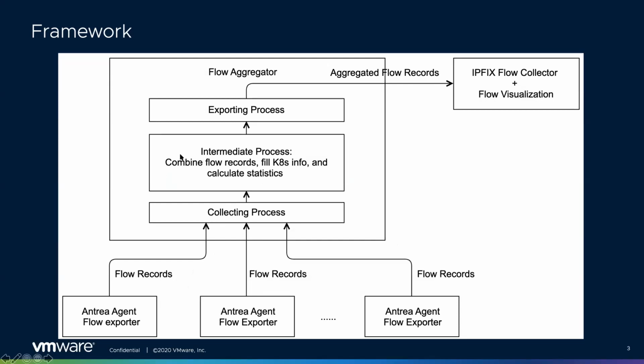Then the intermediate process will combine these flow records, fill out some missing Kubernetes info, and also add some statistic calculations into the aggregate flow records. Then the exporting process sends out the aggregate flow records to the external IPFIX flow collector.